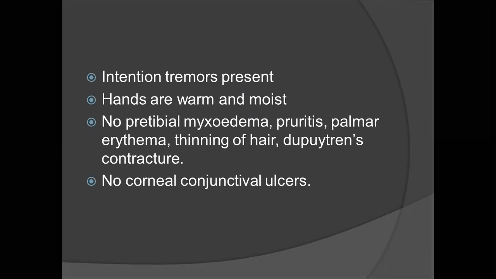Intention tremor is seen in cerebellar lesions. Only in cerebellar lesions do you see intention tremors, where when you try to go and pick something up, because the position sense is lost, they'll be moving like this just to pick it up. That is why intention tremor happens in cerebellar lesions, because the position sense is altered in cerebellar or vestibular lesions.